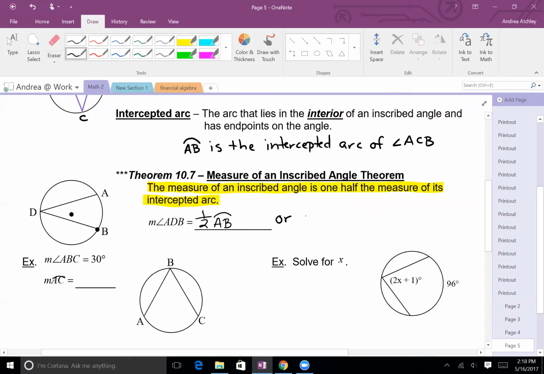Or you can say arc AB is equal to 2 times the measure of angle AB. So the angle is half, the arc is twice as big as the angle.